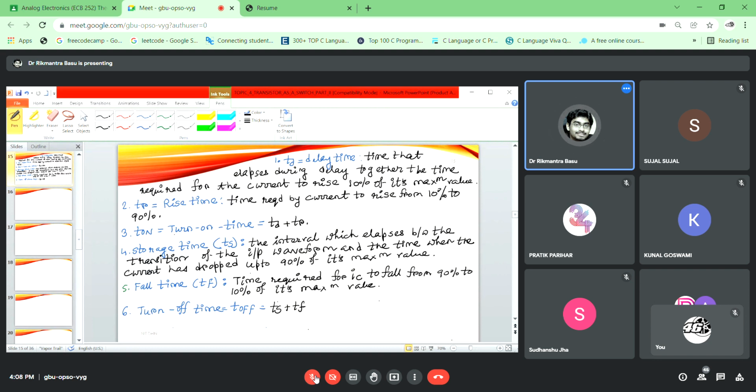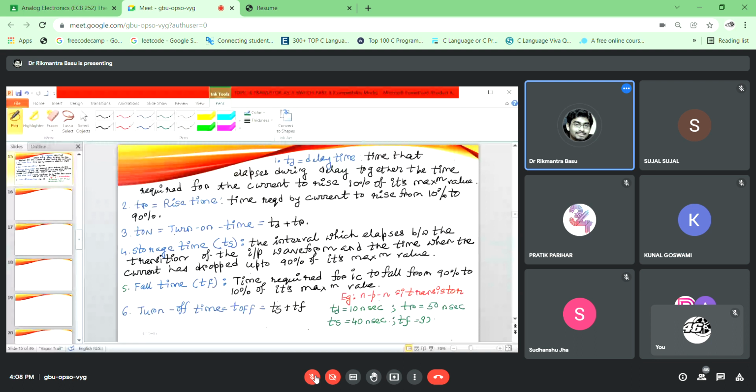So usually if we talk about an example, in an NPN silicon transistor, just to give you an insight how small these timings are, this TD is about 10 nanosecond, TS is about 40 nanosecond, TR is 50 nanosecond, and TF is 30 nanosecond.